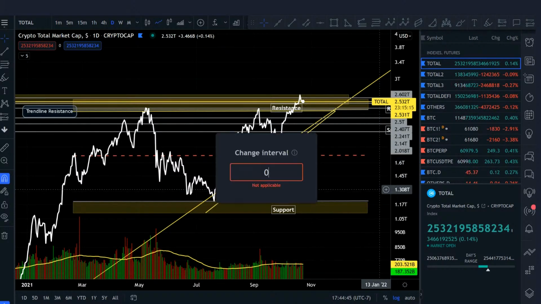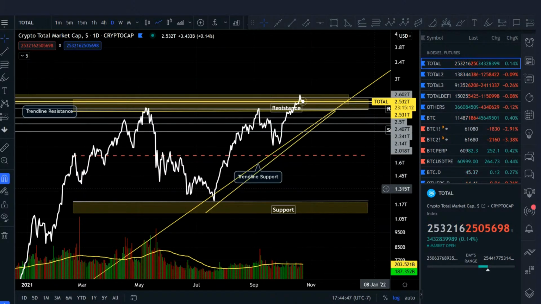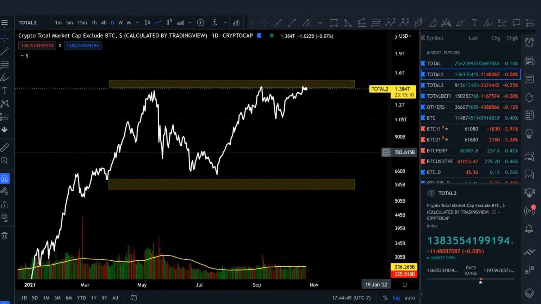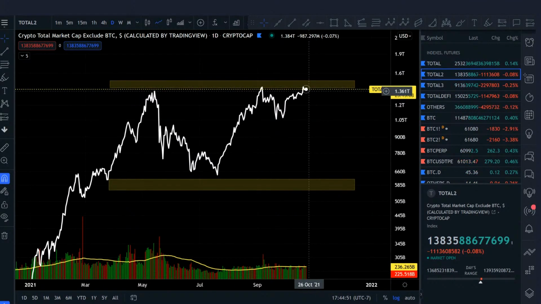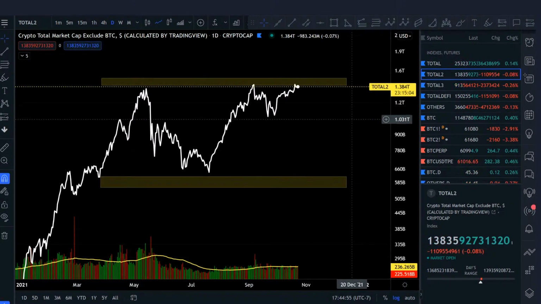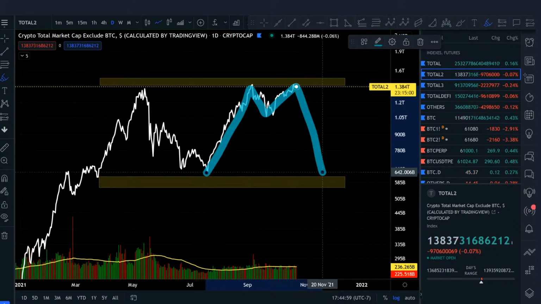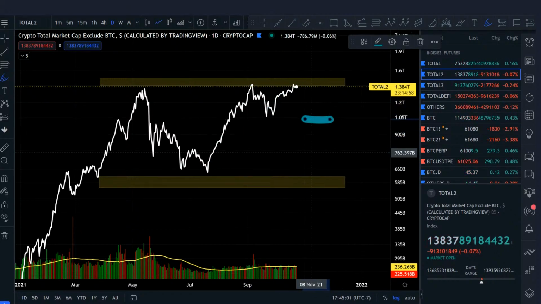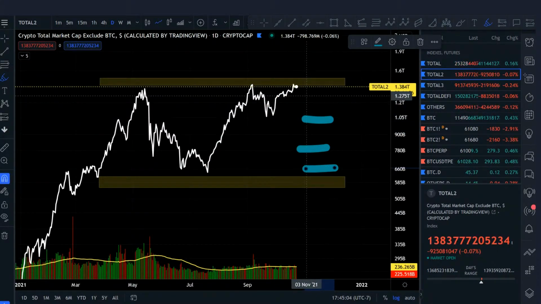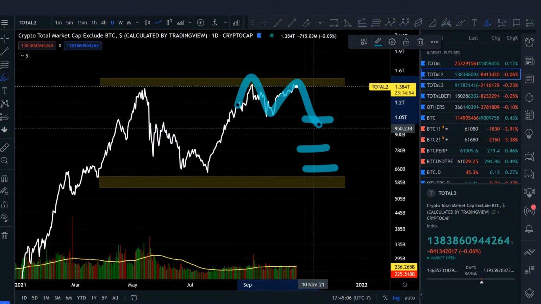Let's quickly visually look at the other indexes. Total 2, so everything minus Bitcoin, still stuck at the resistance zone up here. Even here, you want to watch out because it could be a double top setting up with a pullback. The first support here, here, and here, if we reject down.